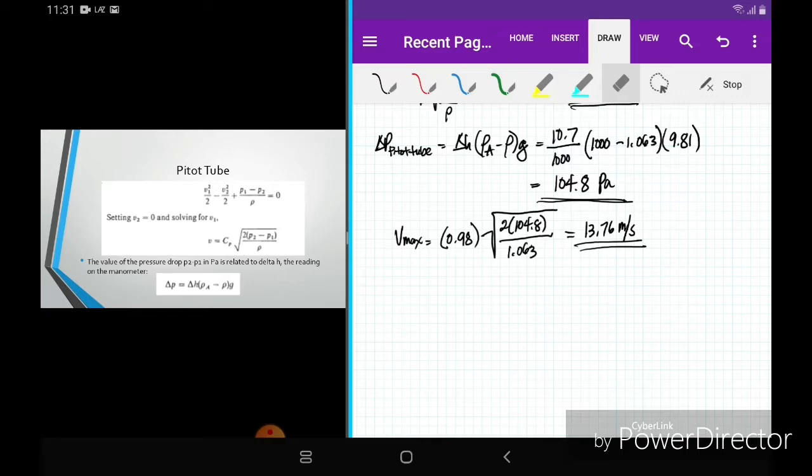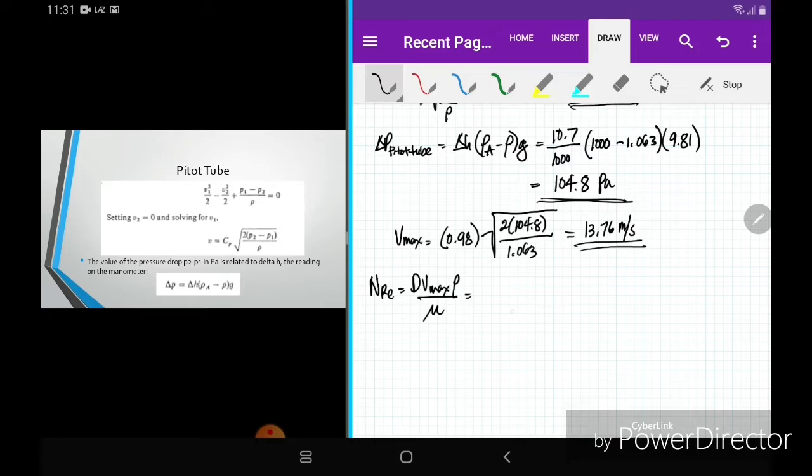So first, we calculate for the Reynolds number using the maximum velocity. So Reynolds number, NRe, is equivalent to the diameter times Vmax times density all over the viscosity.